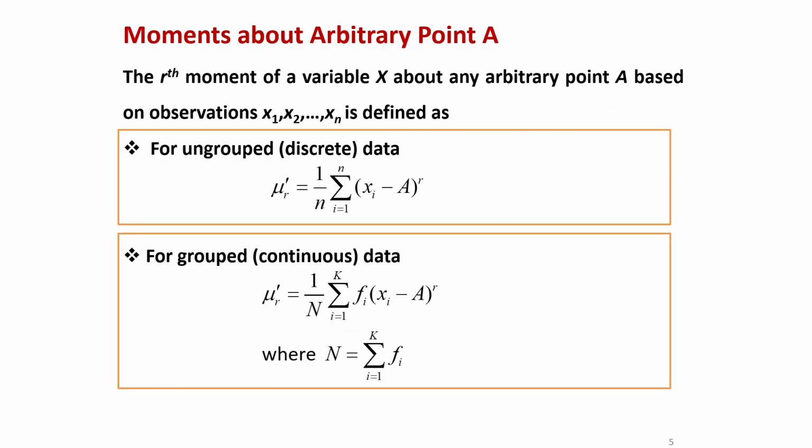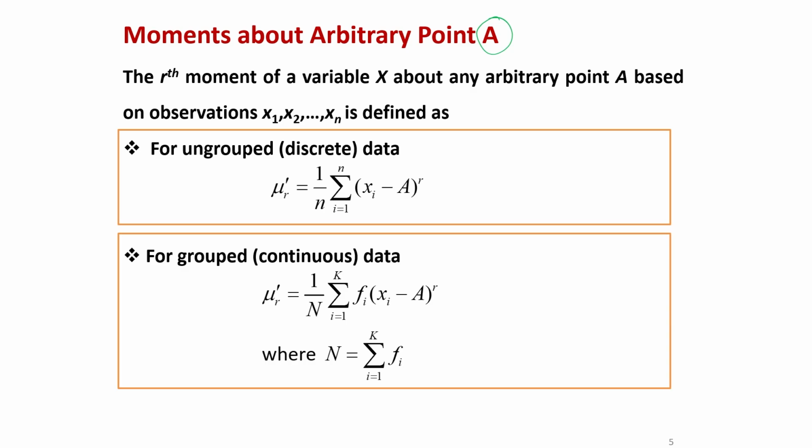Now, first we try to define the moment about any arbitrary point. Suppose the point here is capital A. This can be any arbitrary value, or the arithmetic mean, median, or anything else.